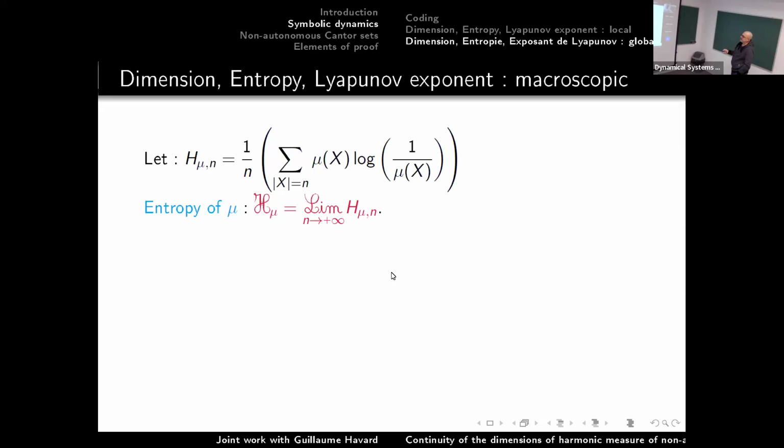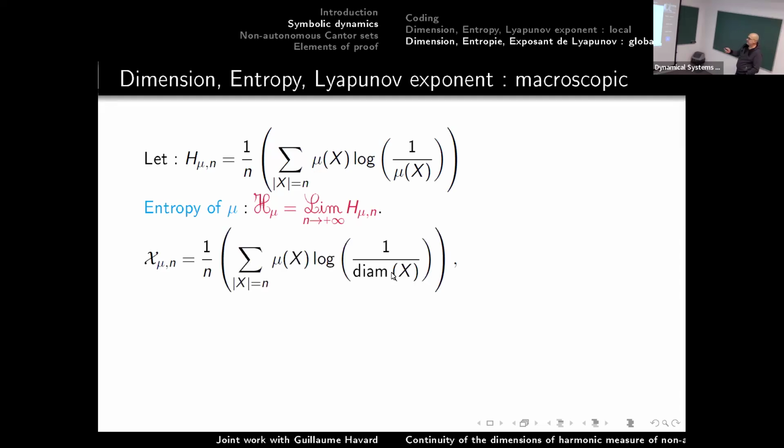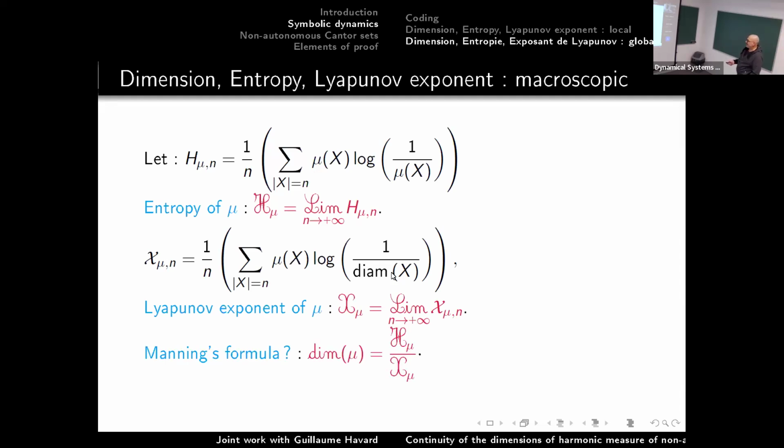This normally goes to the entropy, but here it doesn't because there is no limit. And of course, the same thing we've done with the Lyapunov exponent. So my tools today will be these two. These are my enemies or my friends. And the main thing I have to prove now, one of the main tools to be able to work on continuity, is some kind of Manning's formula.